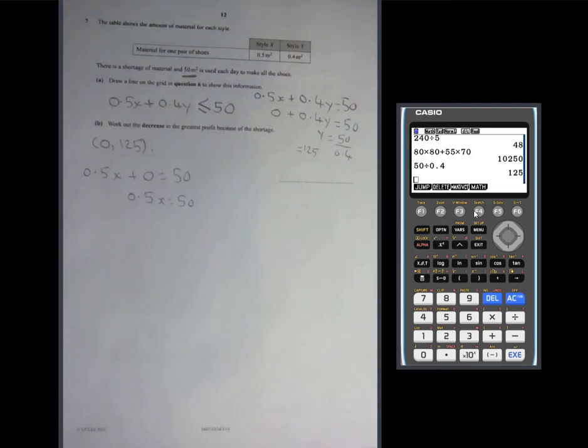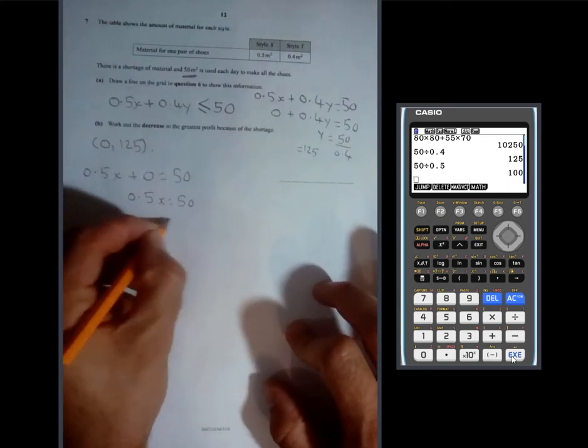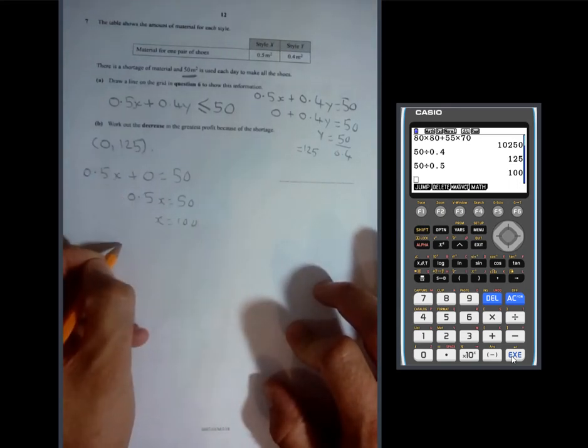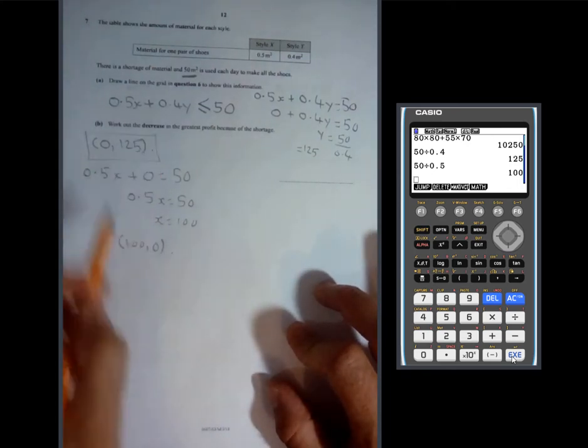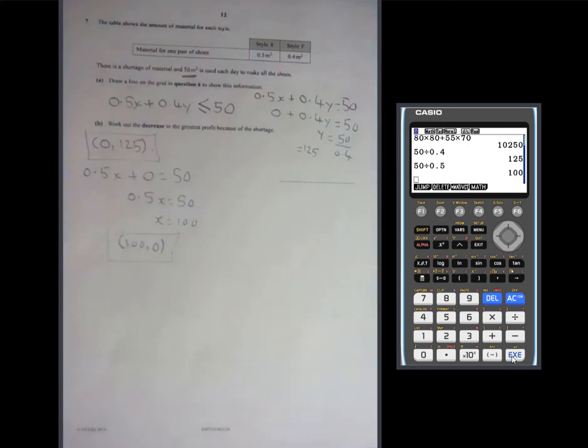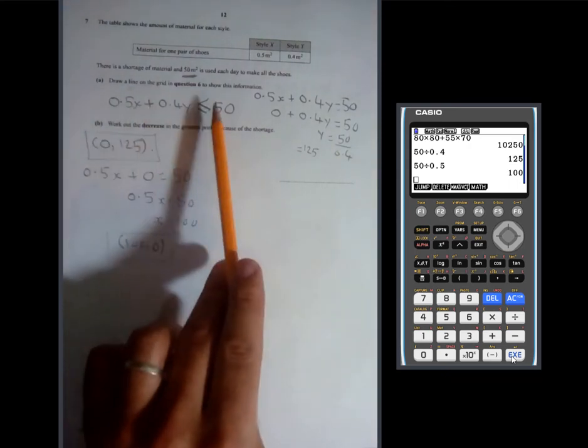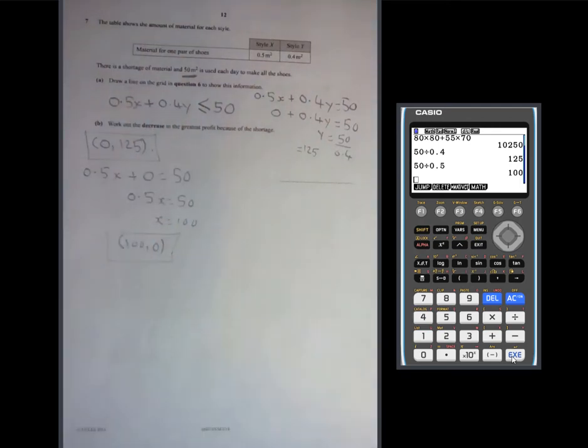The answer is going to be 100, but if you're not sure, just do 50 divided by 0.5. Dividing by a half is timesing by 2, so x equals 100. That means 100, 0 is a point. So we need to plot 0, 125 and 100, 0, and then draw the line. And remember, it's less than or equal to 50, so we need to shade the other side.